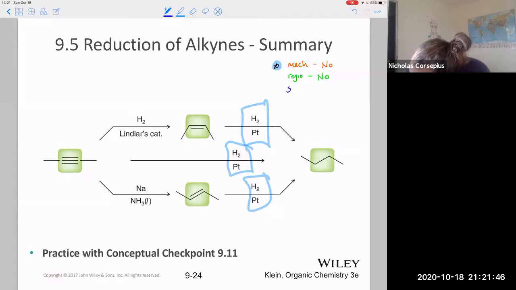And then in terms of stereoselectivity for these H2 palladium reactions, you do have to know that it's a syn addition, but that's actually only important if you're starting with an alkene. If you're starting with an alkyne, you will end up adding 2 hydrogens to both carbons, which means that you haven't created any stereocenters.